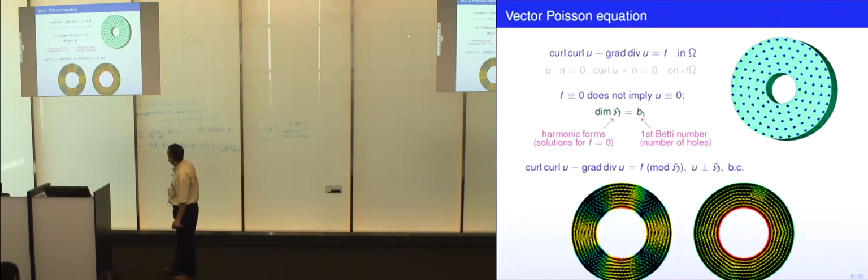We want a solution that's orthogonal to that function. So this is wrong. The true solution looks like this, and again you see they look nothing like each other. It has a very different topology of solutions, completely different. The numerical method completely misses it if you use continuous piecewise linears.